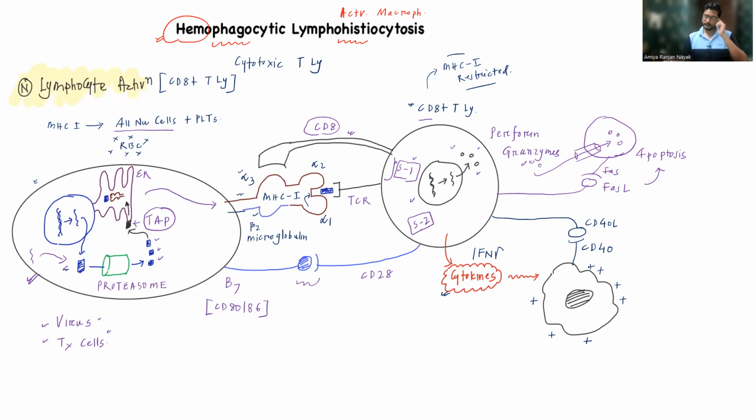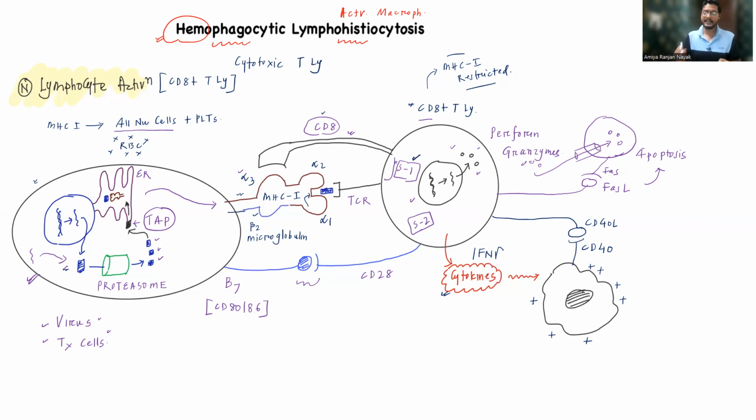Once the cytotoxic T lymphocytes have identified the antigen, they will try to make a stronger bond between them. The CD8 molecule of the lymphocyte will interact with the alpha 3 subunit of the MHC class 1 protein, and this interaction will provide signal 1 to the lymphocytes.